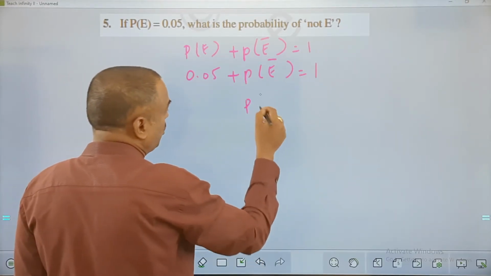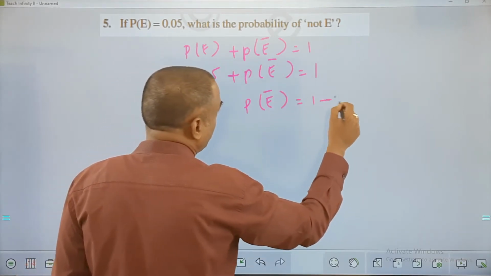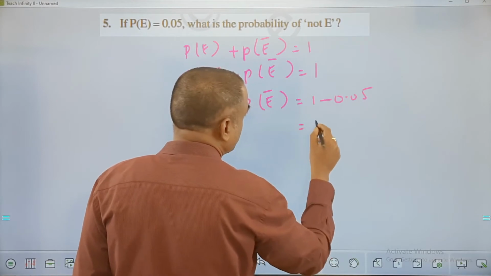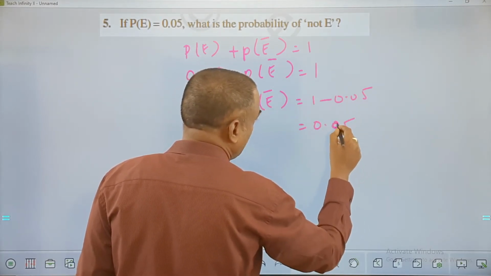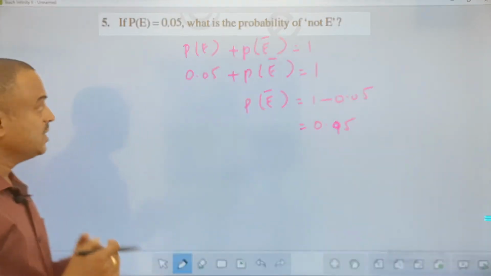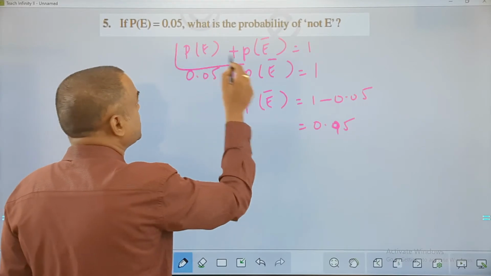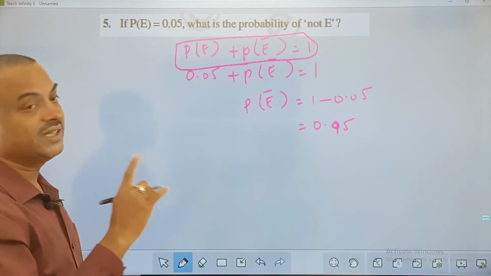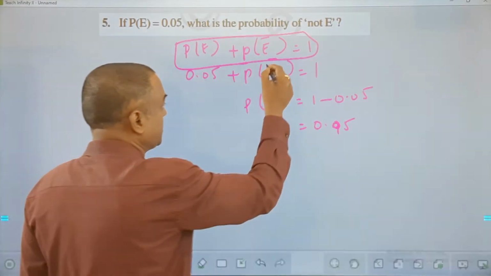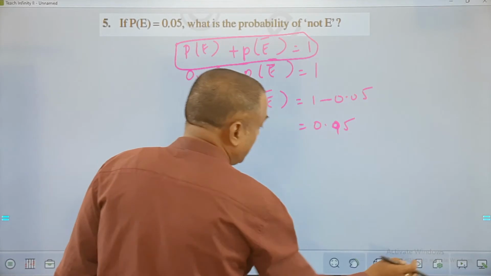So we can find out P of not E is 1 minus 0.05, which is going to be 0.95. That is what I get. So the probability of happening plus non-happening of an event, this itself is sufficient to answer the question here. Very important. Without writing that, please do not write the answer. You need to know in what way it has come to you. Okay. Next question, all of you.